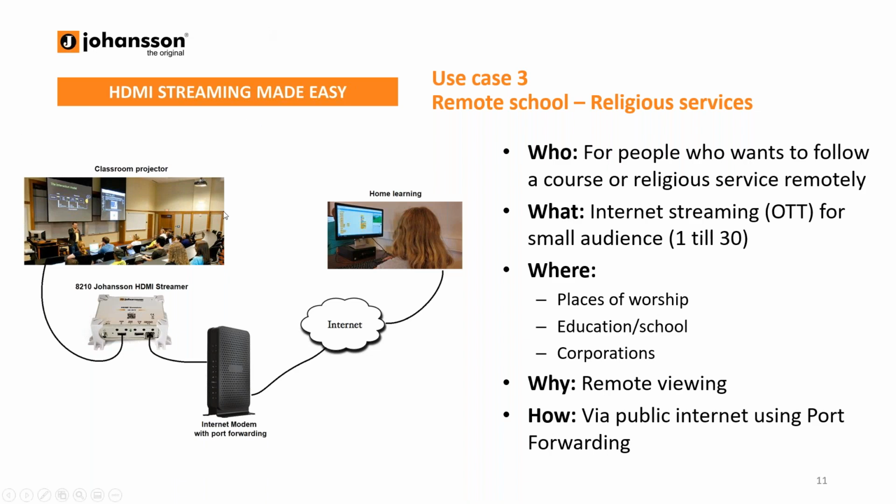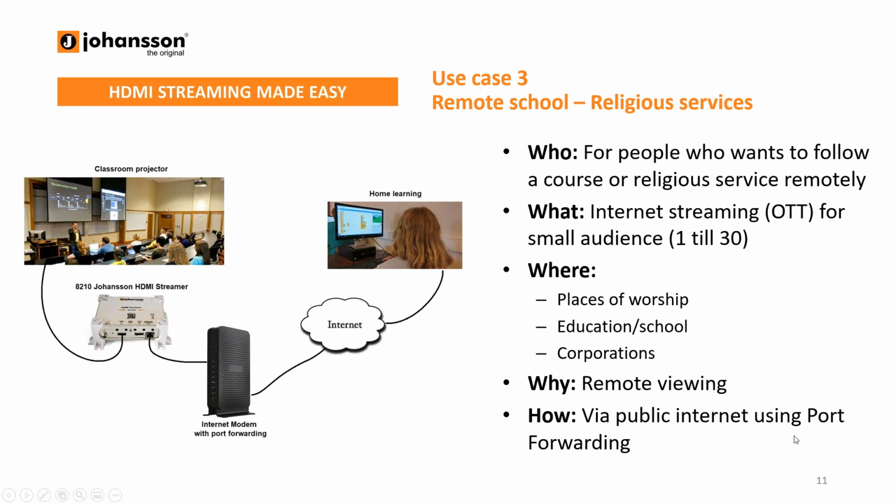For instance, the example I show you here in the drawing is a school. So you have the teacher giving classes, and often nowadays they have an overhead projector or a big screen. So basically this computer image, you can easily connect to our HDMI streamer, and you connect it to the internet. And in this setup, because the audience is also not so big, we can use port forwarding.